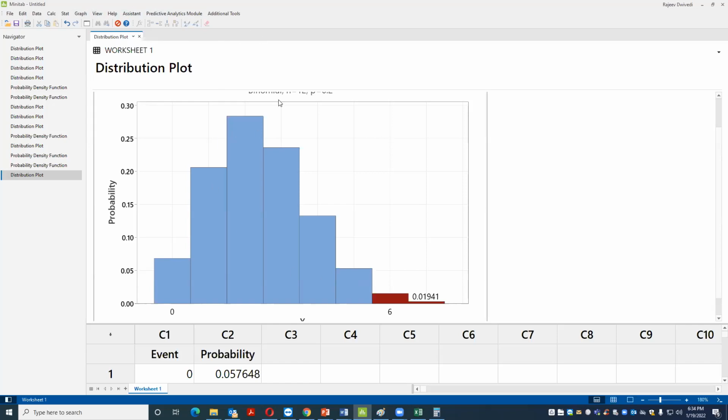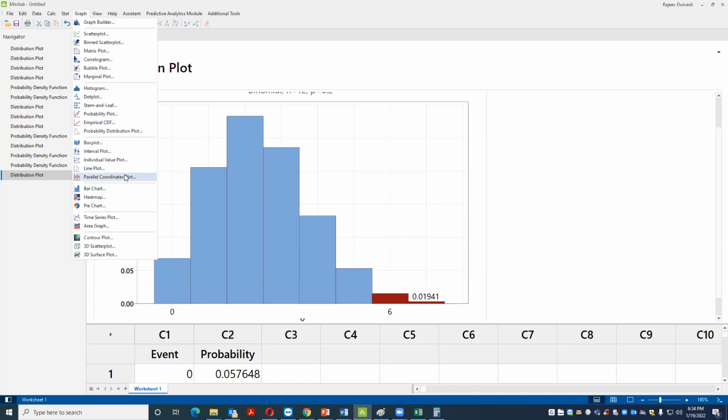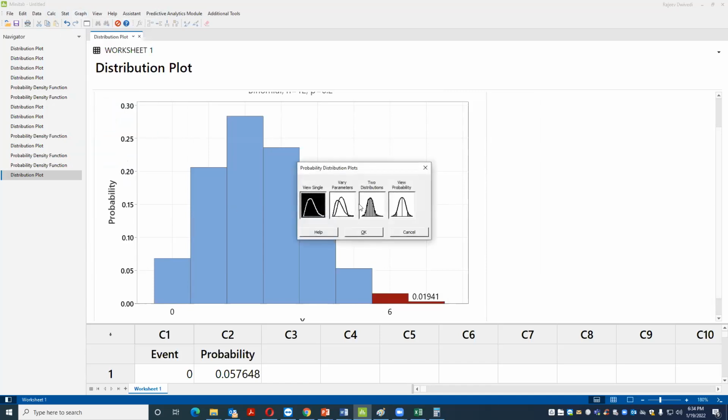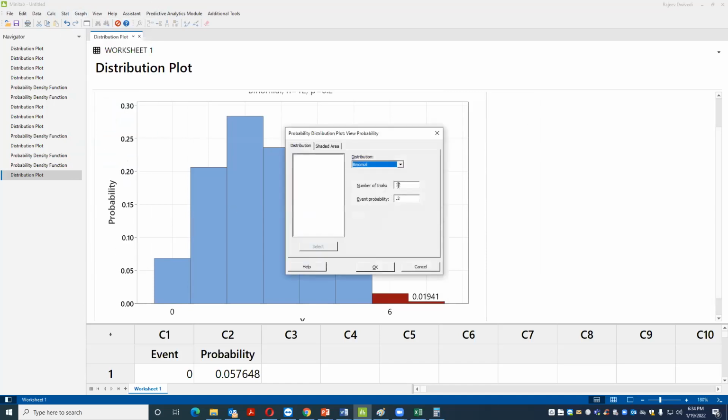So let's say I'm asking less than 5. Look at this graph, the probability distribution. Now it is asking less than 5, so I need the less than situation.